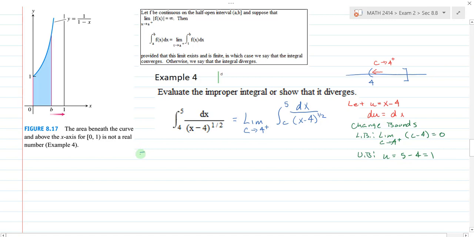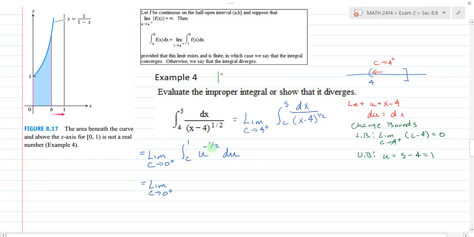So when I rewrite my integral, this is going to be the limit as c approaches 0 from the right-hand side, the integral from c to 1. This is in the denominator with a positive exponent, so I'm going to move that to the numerator with a negative exponent, du.